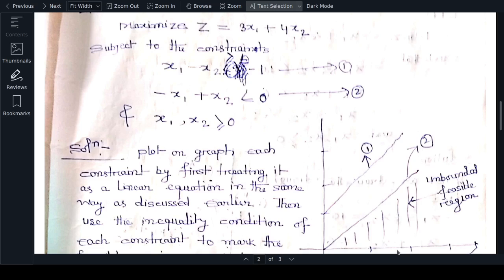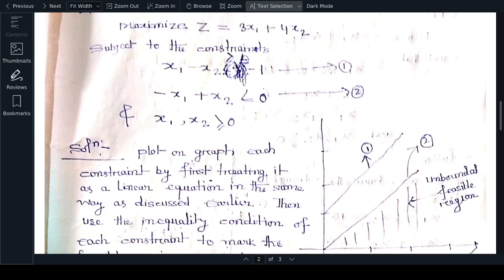Then you see, this is y equal to mx format. Here our axes are x1 and x2, and if you consider x and y axes, then x1 is the x-axis, x2 will be the y-axis. So the standard formula in coordinate geometry for the equation of a straight line passing through the origin is y equal to mx.